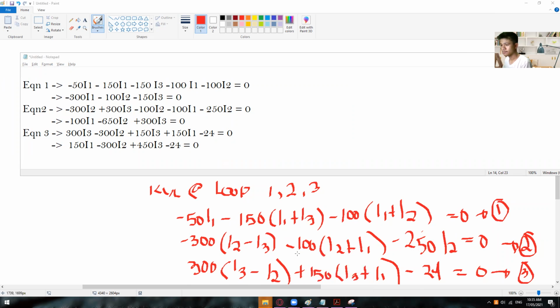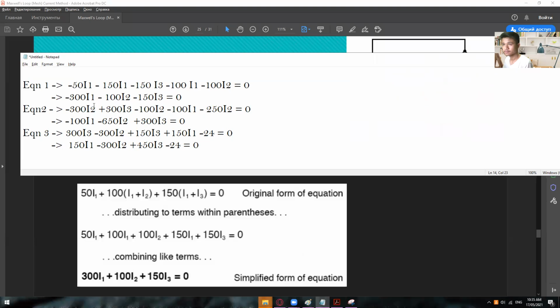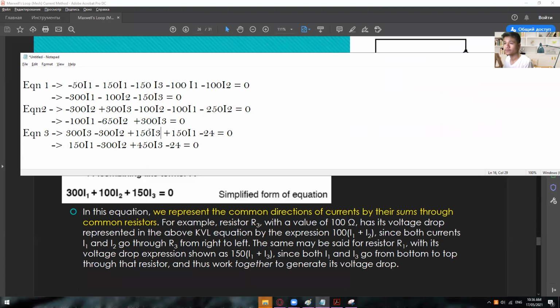All right, so let's compare it again. In here everything is negative, but in here everything is positive, which is just the same, just the signages. We can multiply this one by negative to have the same equation. And then for equation number 2, we have positive 300 I sub 1.